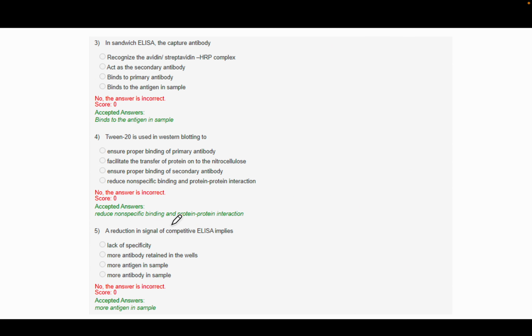In sandwich ELISA, the capture antibody recognizes the antigen in the sample, while the detection antibody binds to the antigen in the sample. So one antibody will bind to the sample, and then the capture antibody will also bind to the sample.